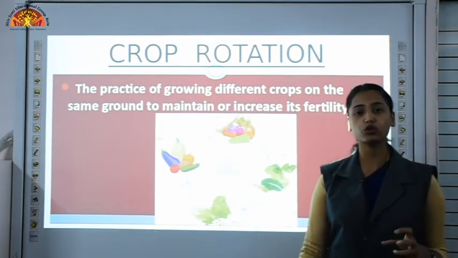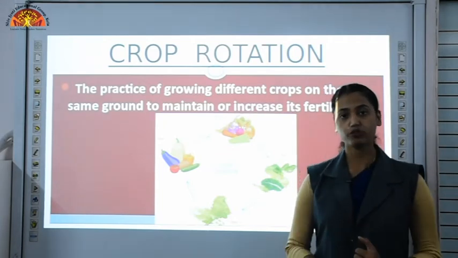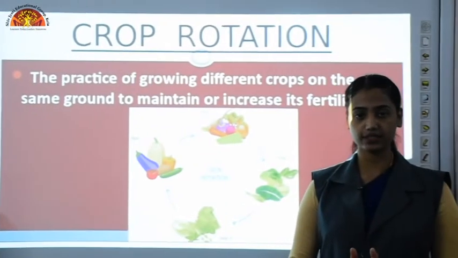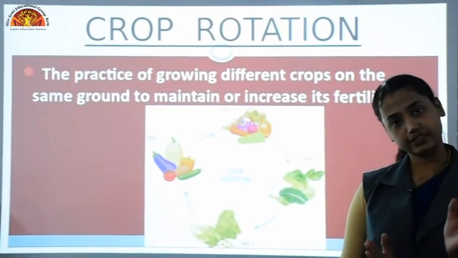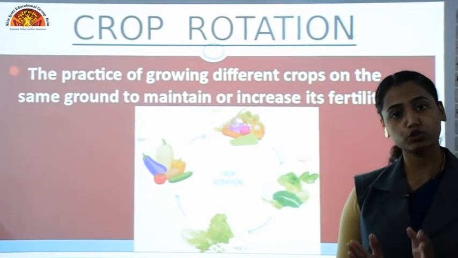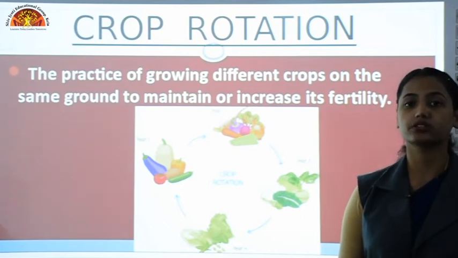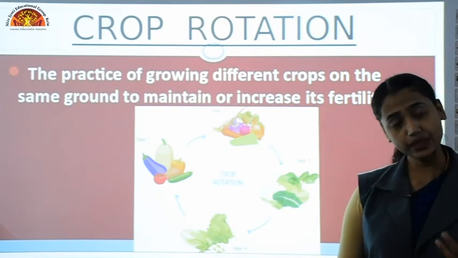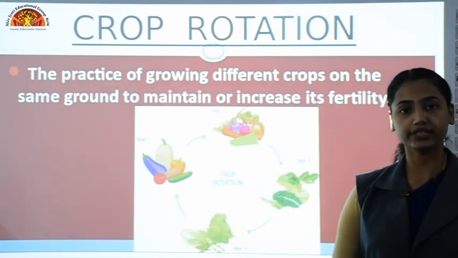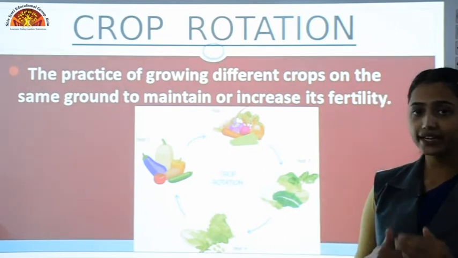If you grow the same type of crops in the same field, then the land will become deficient of a few specific nutrients. So to replenish the nutrients, to keep our soil fertile, what do we need to do? We need to rotate the crops.